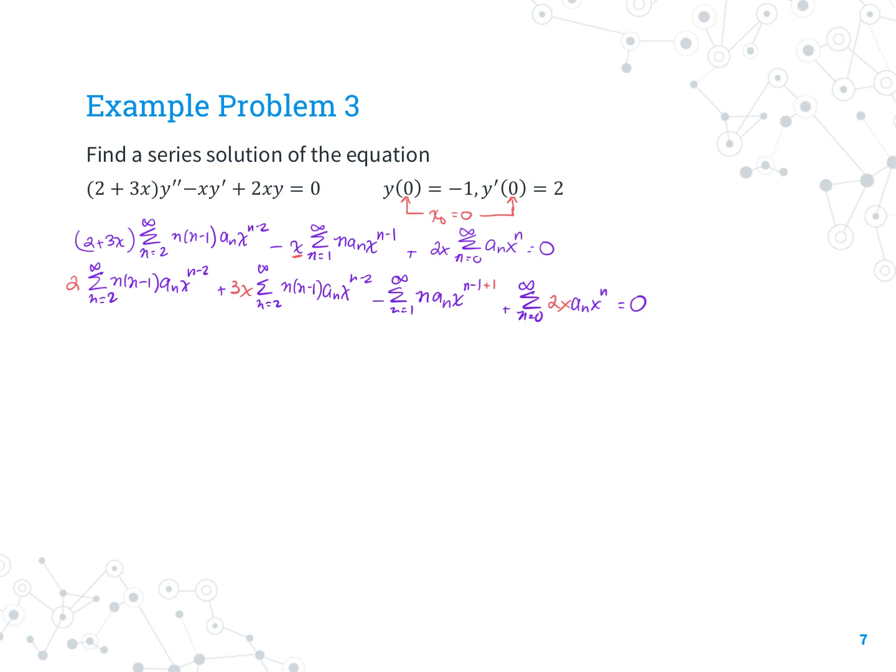So if we shift our index on this first one, we would end up with our sum from n equals 0 to infinity of our 2, and then we would have n plus 2. N plus 2 minus 1 is going to give us our n plus 1, a sub n plus 2, and x to the n.